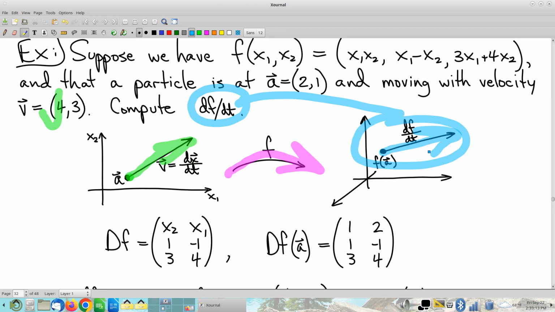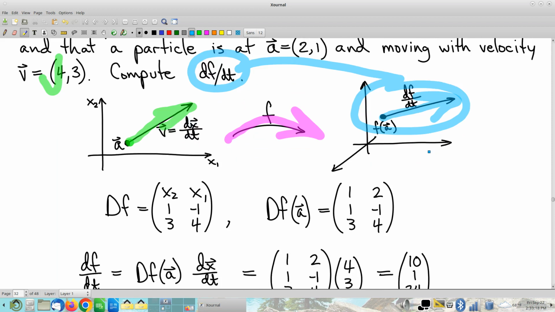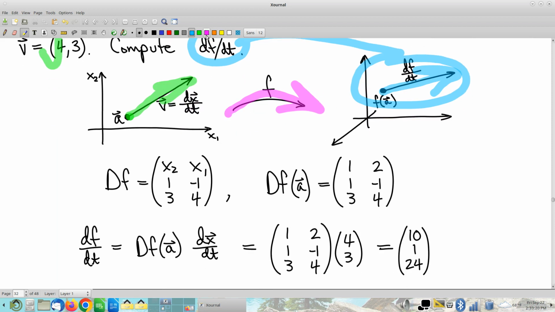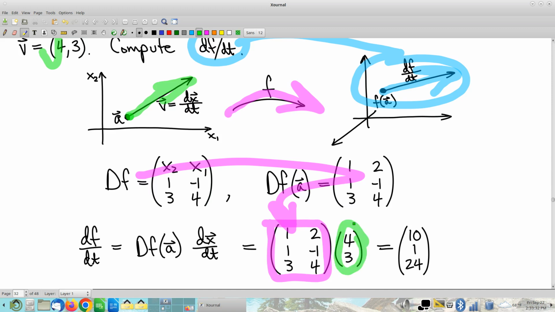So how am I going to compute this output velocity? Well, the derivative matrix does it for us. Now some algebra goes into the computation of the derivative matrix, but the derivative matrix is the thing that you multiply by your input velocity to get the output velocity that you've been asked to find. What do you think? Everybody follow that? Okay.